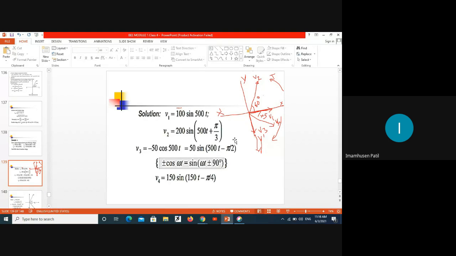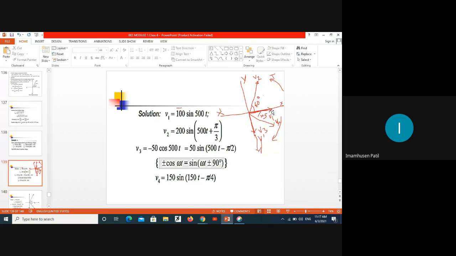Roll number 17, can you tell regarding vertical components? V1 sine theta. How much is it? The first one, V1, angle is 0, right?